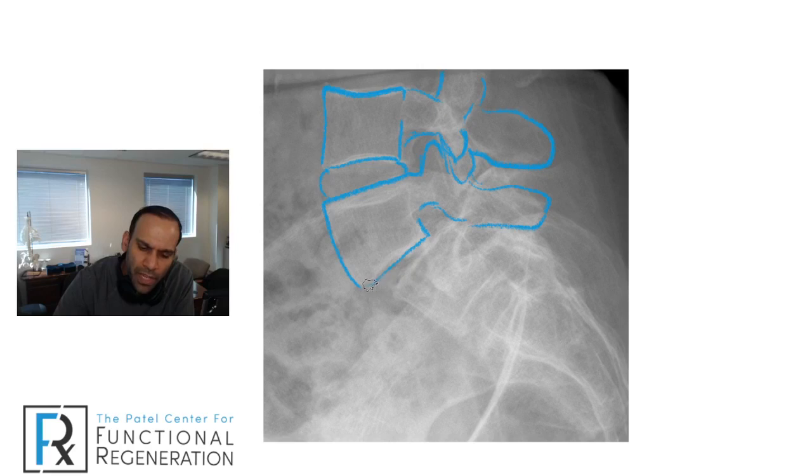When we look at the segment below it, though, you can see that the S1, or the sacrum, is actually like so. Actually, I wouldn't even say it's further out than that, but that is some forward slippage of the vertebral body in comparison to the sacrum below it.